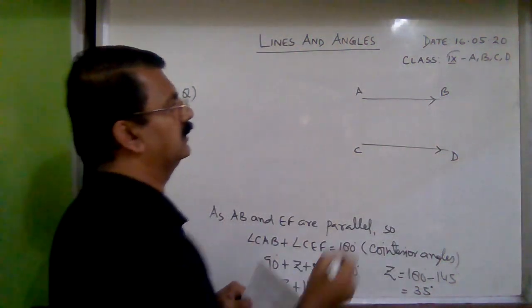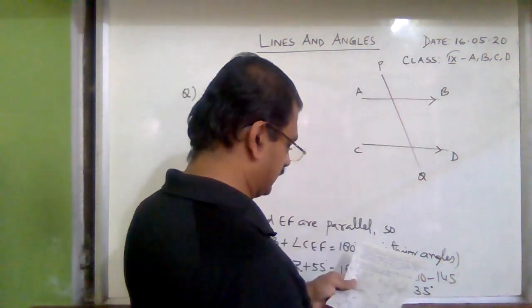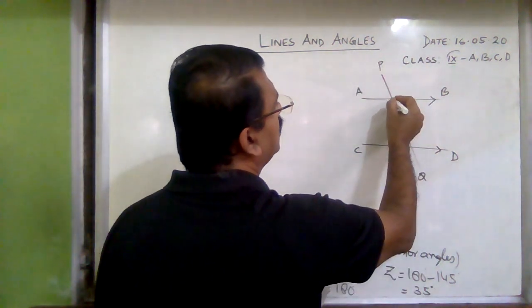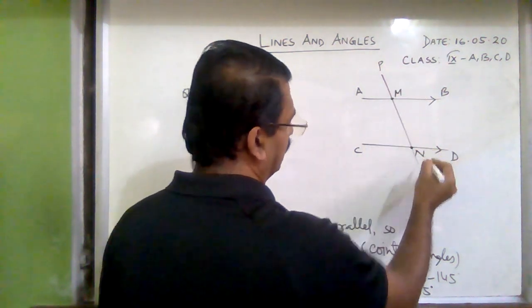Now PQ is a transversal. PQ cuts AB at point M and CD at point N.